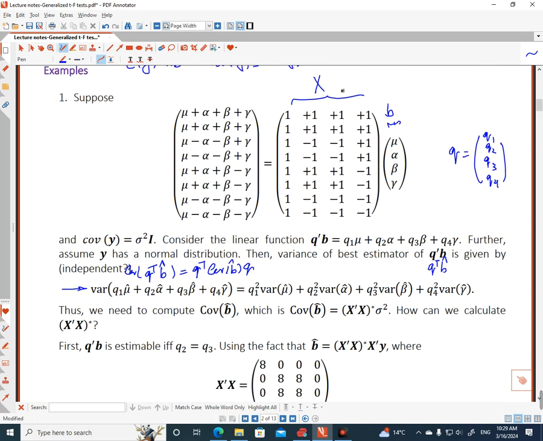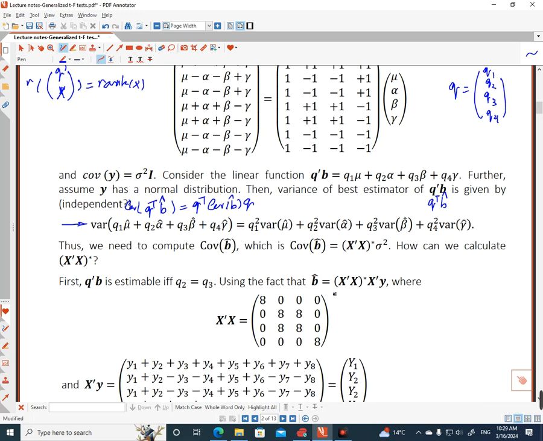You can construct the augmented matrix q prime x, and then the rank of q prime x must be equal to the rank of x. And then you will find that the elements of q must satisfy this regularity condition: q2 must be equal to q3.